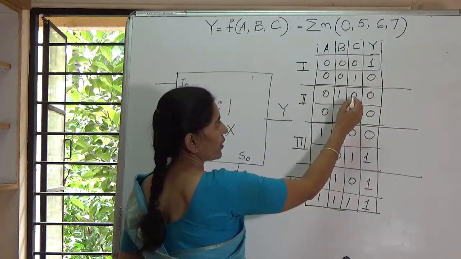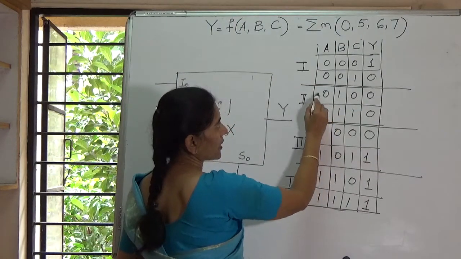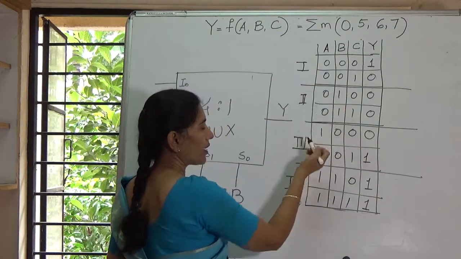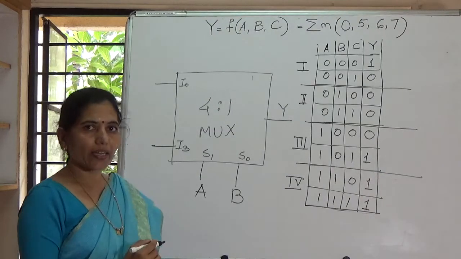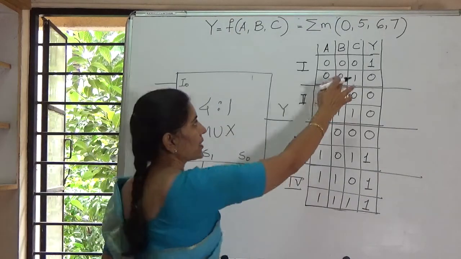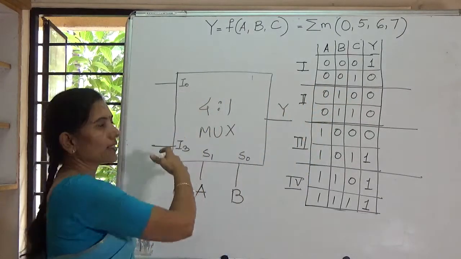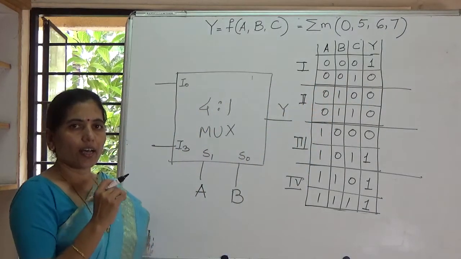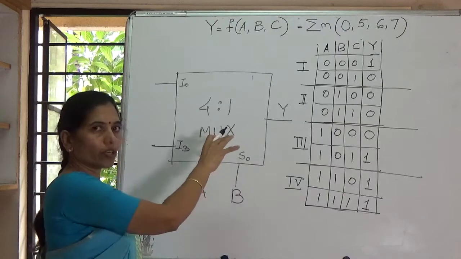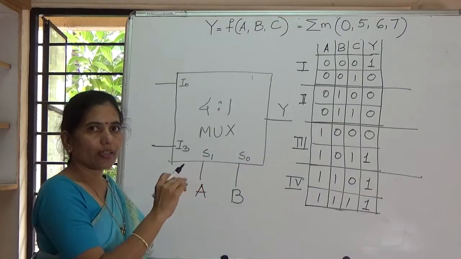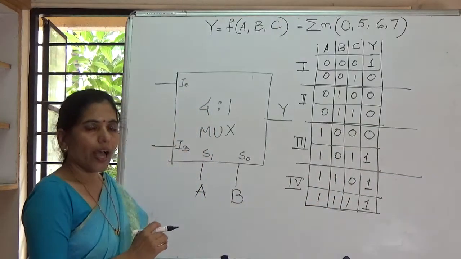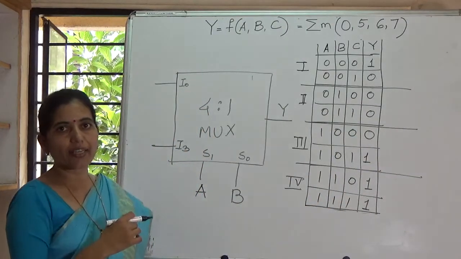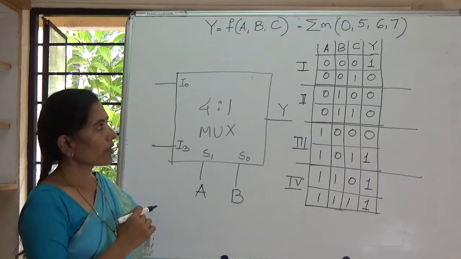In the second group C is changing but AB is constant at 0, 1, and similarly for the next 2 groups. Now let us look at how we can accommodate C on the input lines such that the proper input is given so as to make output Y 0 or 1 depending upon the requirement of the truth table, and we can also give C as an input to the combinational circuit.